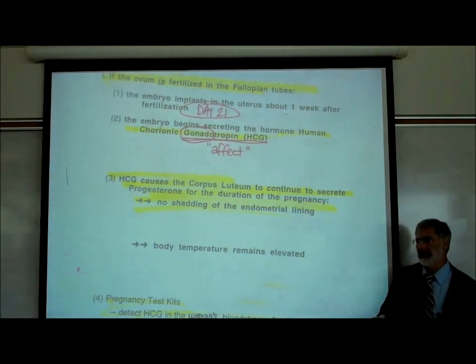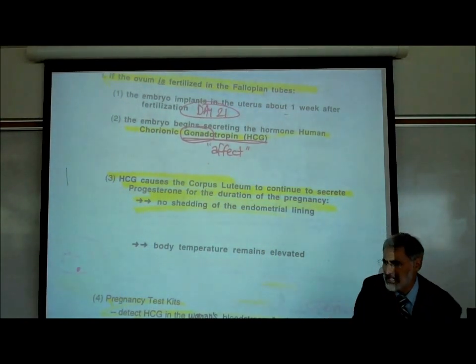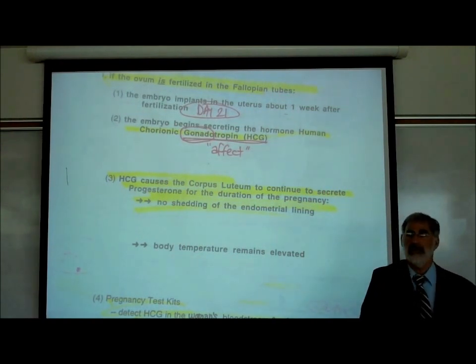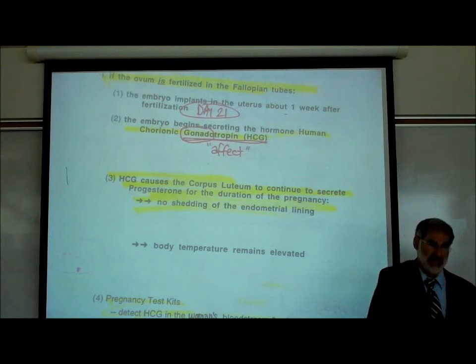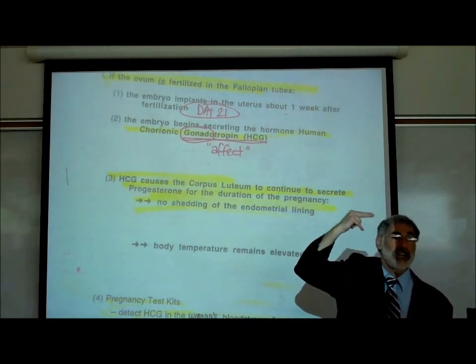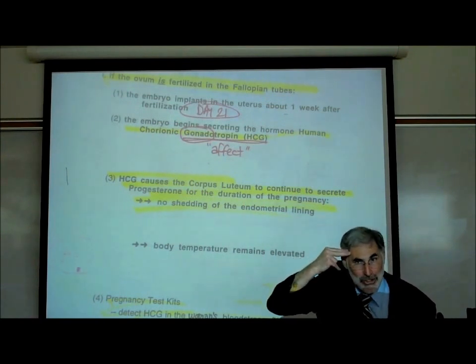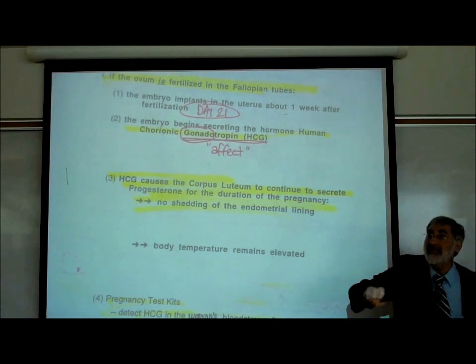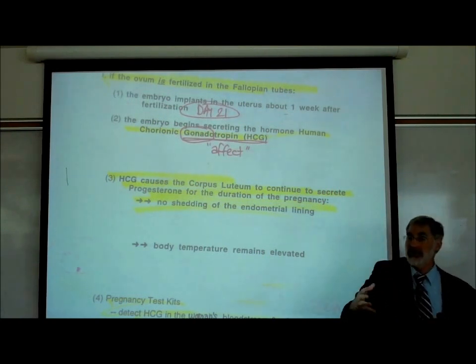Now, if you're thinking, well, it sounds like this hormone, if it's stimulating the corpus luteum, it's doing the same thing LH does. That's right. It does the same thing that LH does. So even though the pituitary is going to stop secreting LH, this hormone secreted by the baby does the same thing as LH from the woman's pituitary.